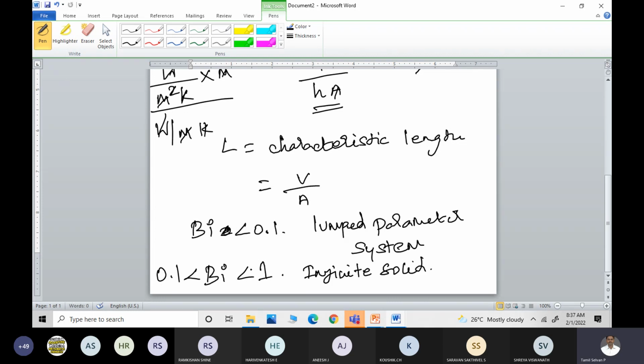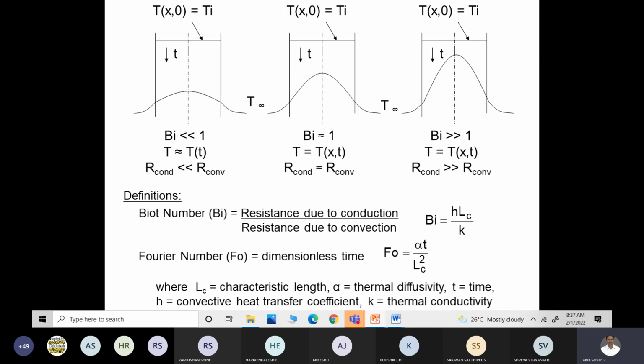And if the Biot number tends to infinity, greater than 1, then it is said to be a semi-infinite solid. In other words, Biot number very much less than 1, Biot number almost equal to 1, Biot number very much greater than 1.